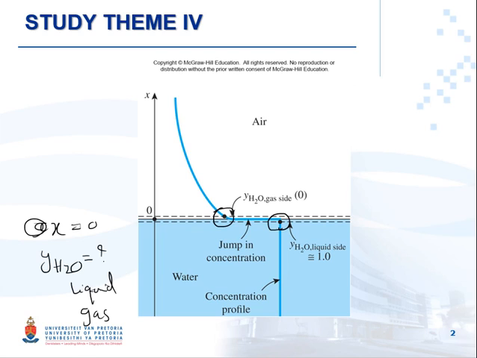Sorry, it's not x equal to 0. It is y equal to 0, because x is in this direction. So we have two imaginary surfaces on two sides of the interface, very close to the interface.